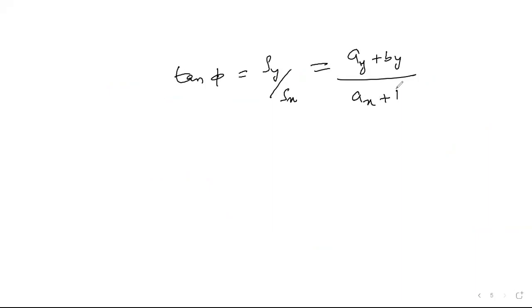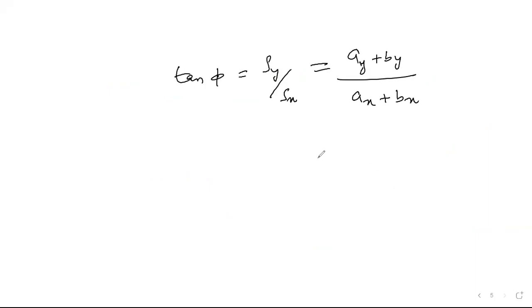You can find the direction of S also. You know tan phi is Sy by Sx. So you replace Sy by Ay plus By, then you divide by Sx, which is Ax plus Bx, right?